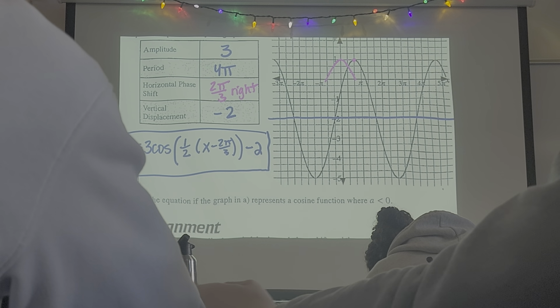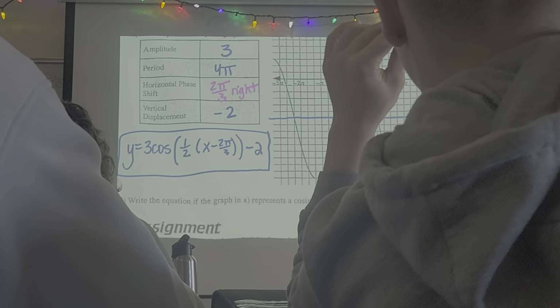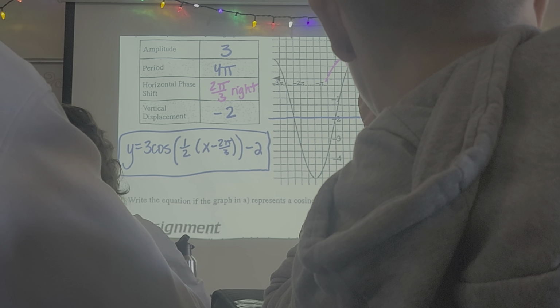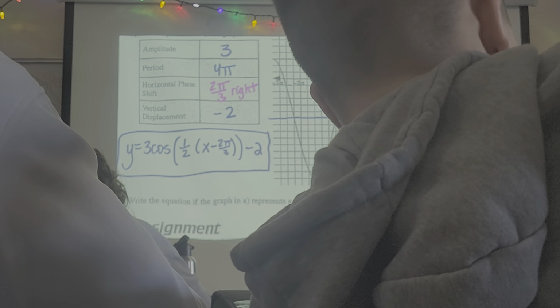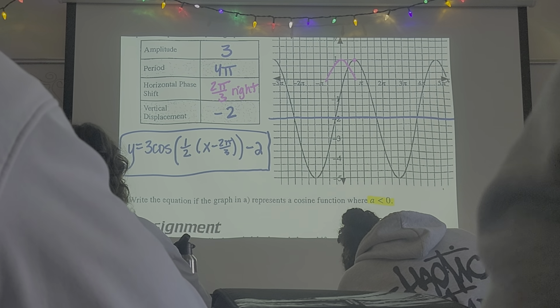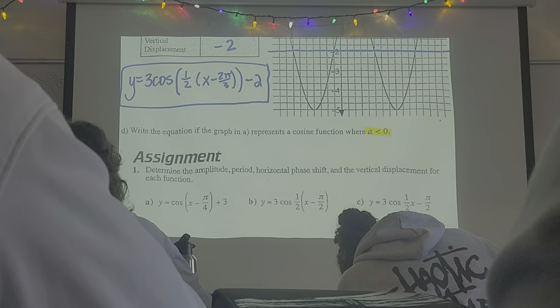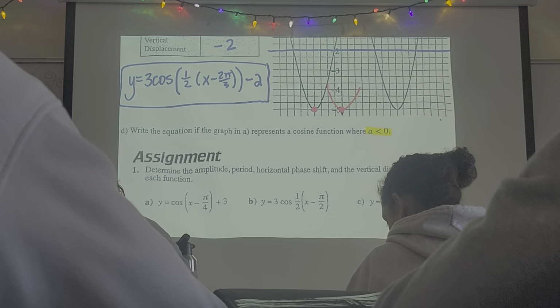We're almost there. What if there's a reflection? Less than 0. Reflection. So our reflection would go down here. So it went from here to here.